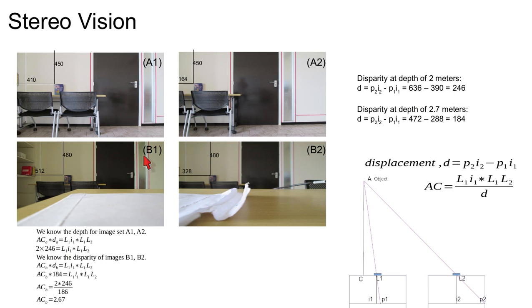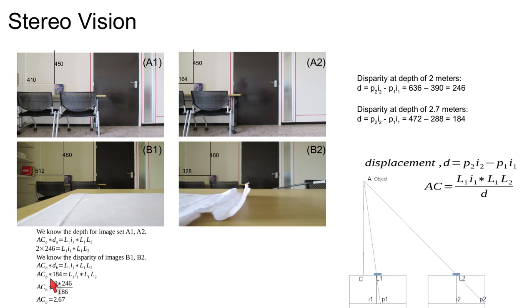Now you also know the disparity of images B1 and B2. Let's plug that in. The distance of the camera in the image set B, let it be ACB. So we'll have ACB multiplied by the disparity in B is equal to L1 I1 into L1 L2, again from this equation. The disparity in the case of these image sets B1 and B2 is 184 pixels.